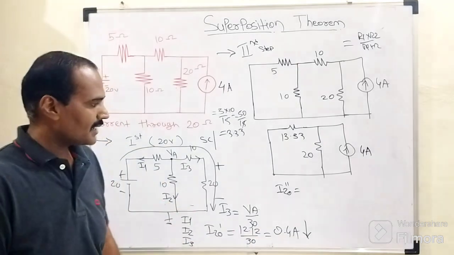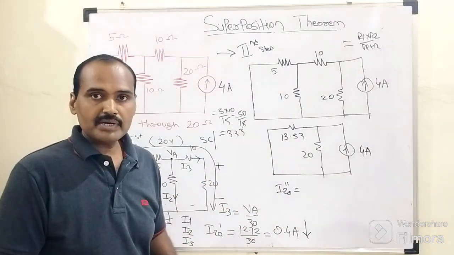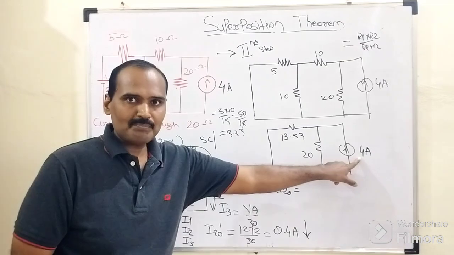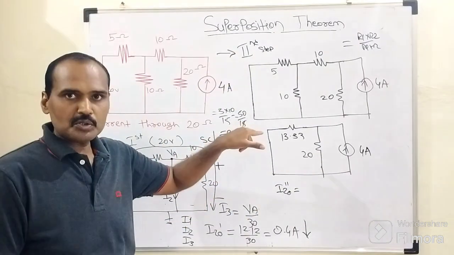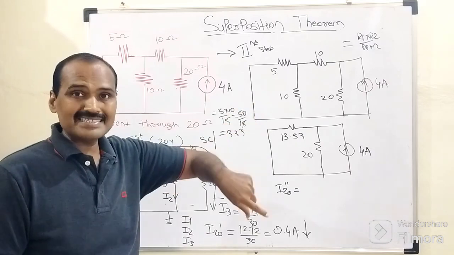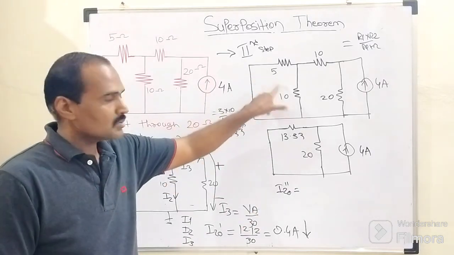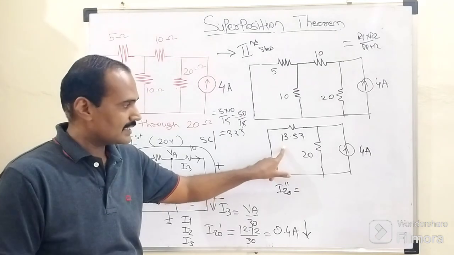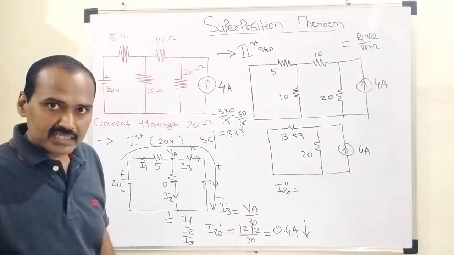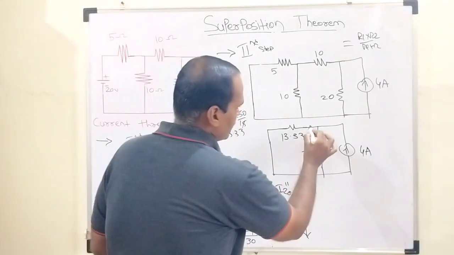Now it's time to determine the current flowing through this 20 ohm resistor due to this 4 ampere current source. At that time this voltage source is short circuited. Then, by using the circuit resolving technique, these two resistors are connected in shunt form. Their parallel combination equals 13.33.